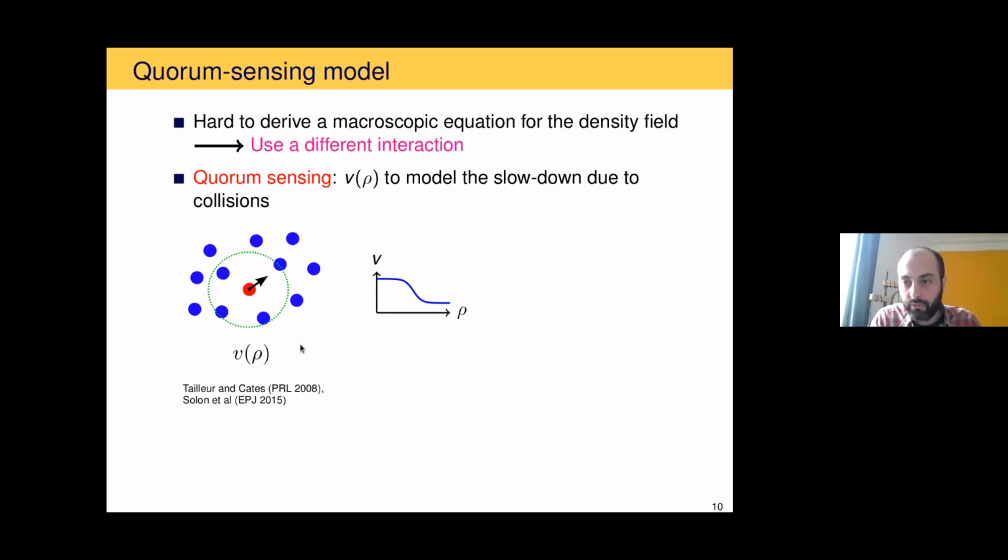So this v of rho is an input of the model, and you want it to be a model of the slowdown that is due to collisions. So you take typically something that's decreasing with density. For the simulation I will show you, we take this function, so a high velocity at low density and a low velocity at high density with a kind of step. But the precise form of this function is not very important.